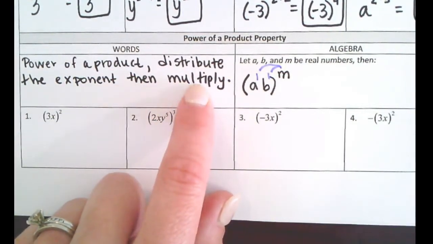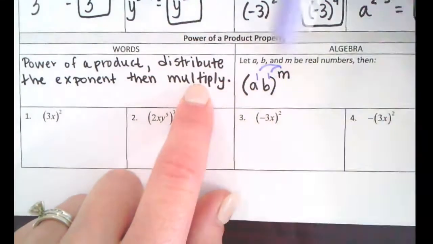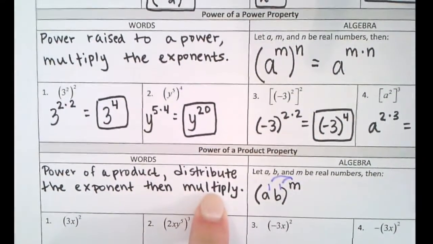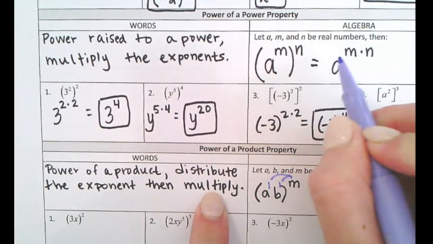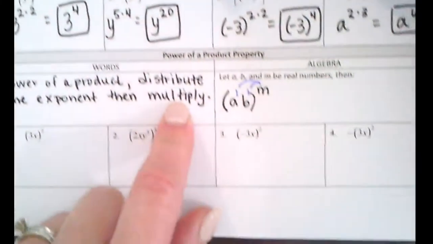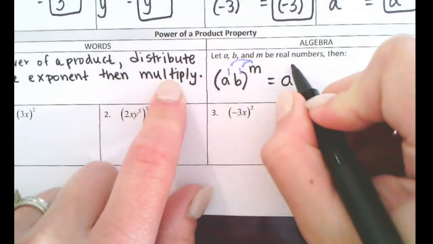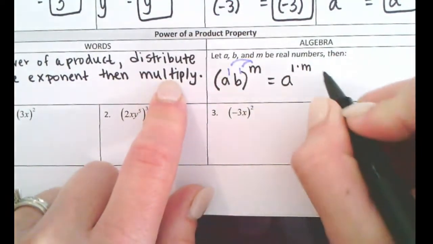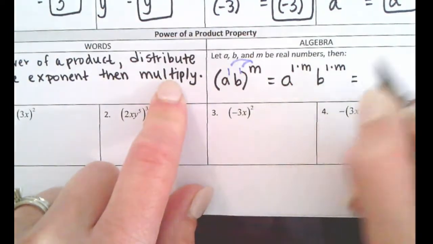Then the reason we multiply is because now this is power of a power. And like we just learned in the previous rule, any power raised to another power, we are going to multiply those exponents. So this simplifies to a raised to the 1 times m times b raised to the 1 times m.